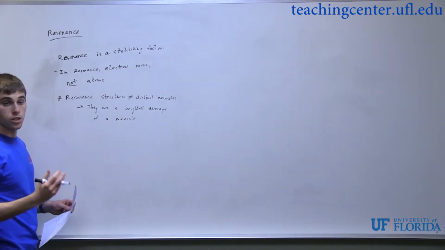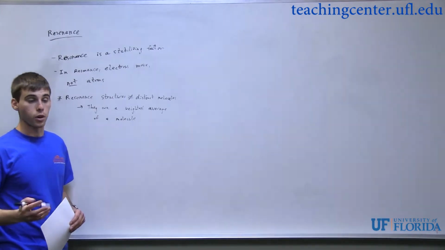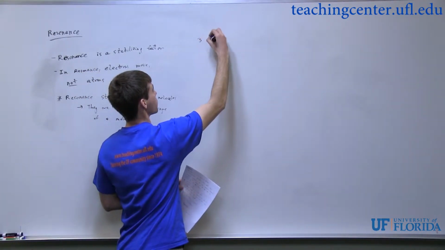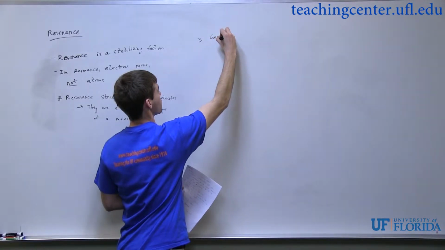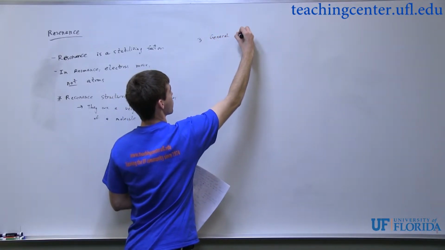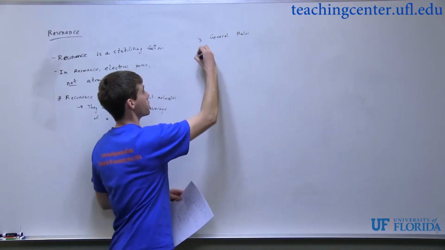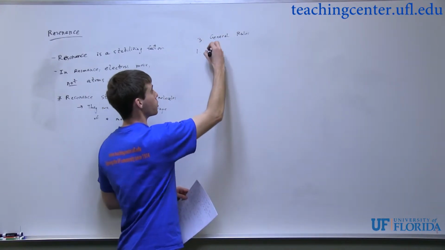Before we get into specifics of drawing resonance, we'll go over 3 general rules. So I'll do that over here. The 3 general rules when you're drawing resonance structures: you're going to avoid breaking single bonds.